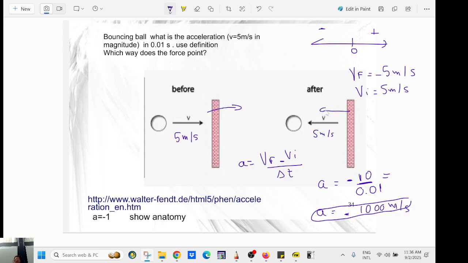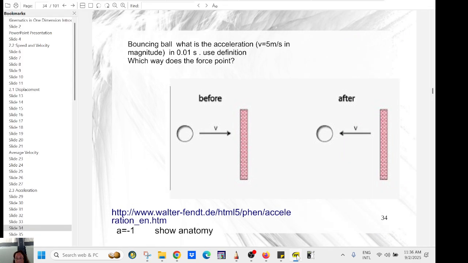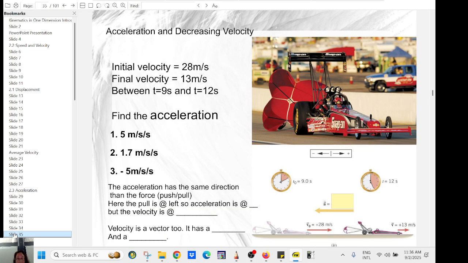So there is a force pushing you. So the acceleration is not 0. Okay? Exactly. So, and then, okay, so that one is easy.